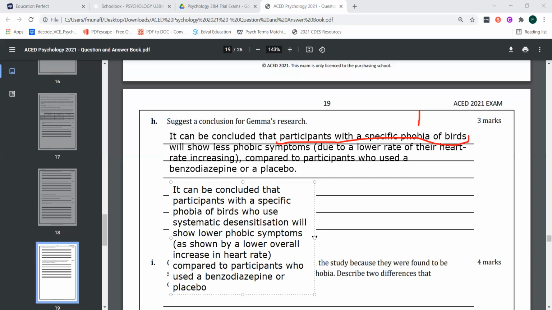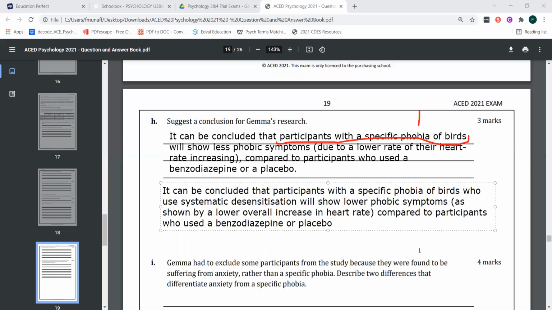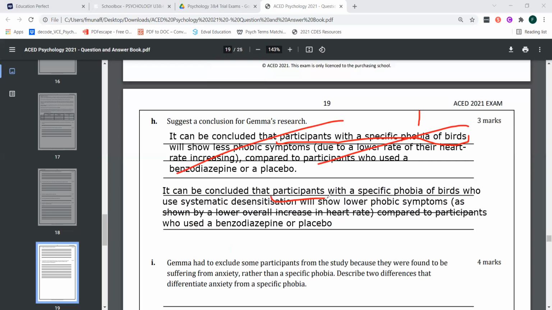So then you could write it in fewer words than that as long as you've included all that information. So let's just scrap the one that we previously did, which didn't include the systematic. So cross that out. So this one does. So participants with a specific phobia of birds is our sample. So that's 1 mark.